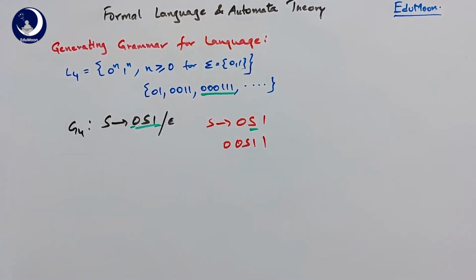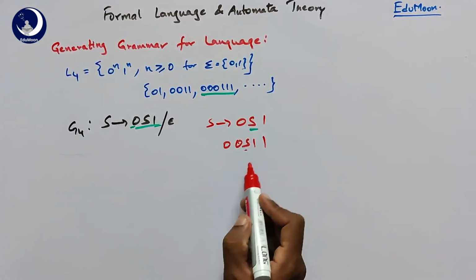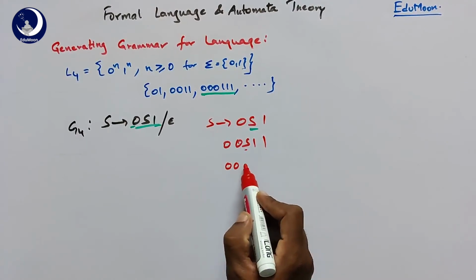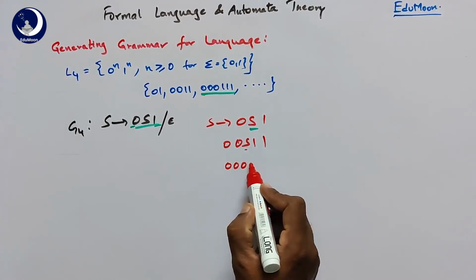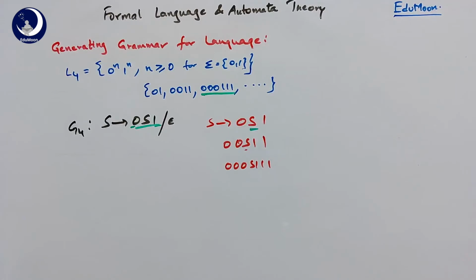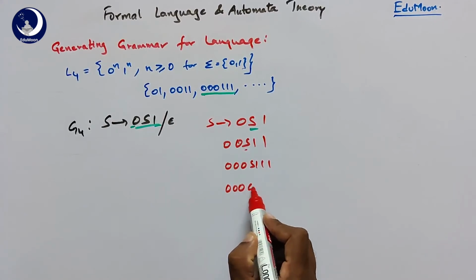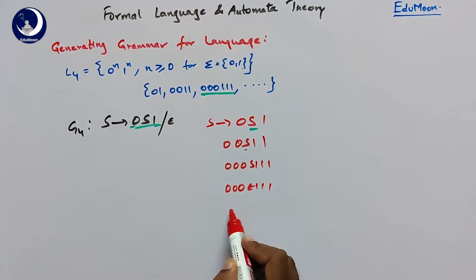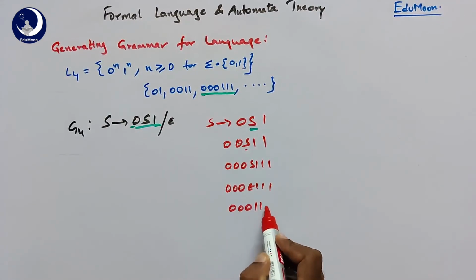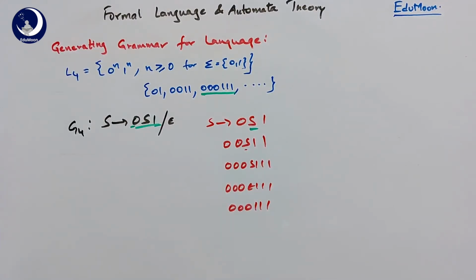Again S → 0S1, the same production rule, is applied. So this will be 000S111. Finally we halt this using 000 epsilon 111. So this will become 000111, because epsilon is an empty string, you can ignore that. So this will be the generation of the string using the grammar for the particular language.